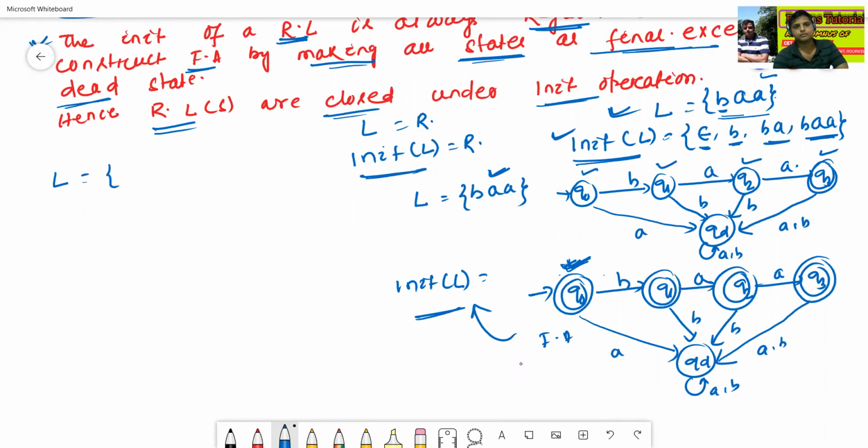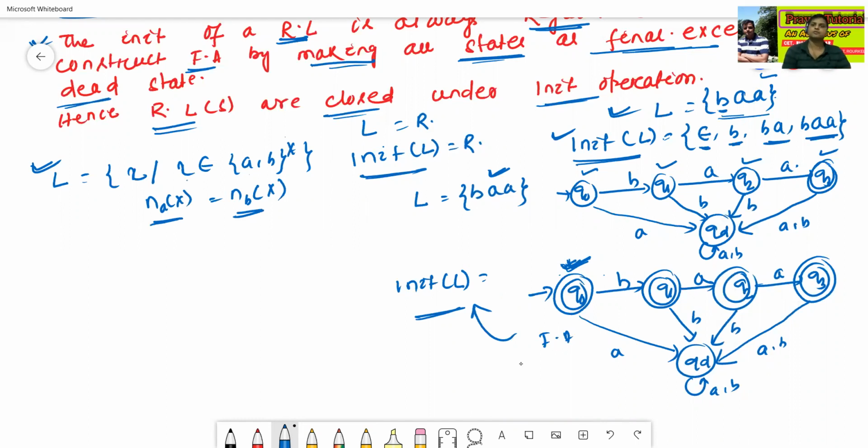Language L equal to X such that X belongs to A comma B whole star, N A of X equals N B of X. What is the meaning of this language? X belongs to A comma B whole star, so the number of A's equals the number of B's.